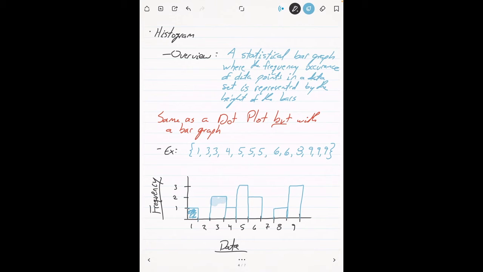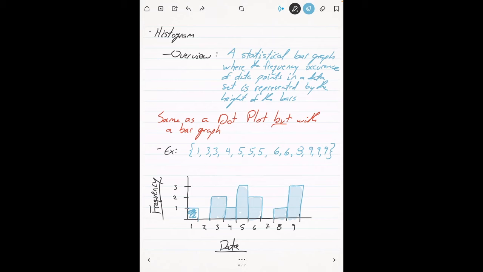But this is what a histogram is doing. It's basically the exact same thing as a dot plot, but the thing is we're using bars instead of dots. And also, you'll notice that my axes look a little different. That's because if I'm going to draw bars, I need to have them a little thicker. So instead of having the 3 on the tick mark, it's kind of in between. So there's a little bit of drawing differences that you have to do, but they're essentially the same thing.